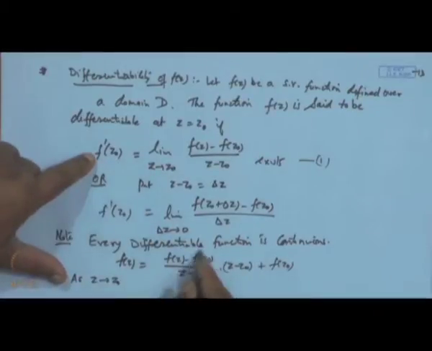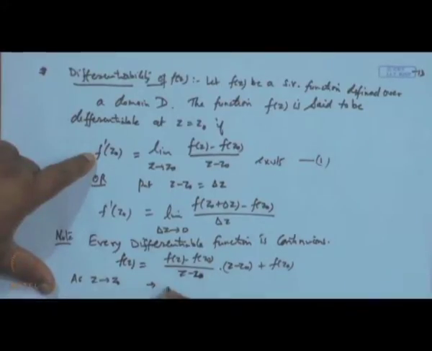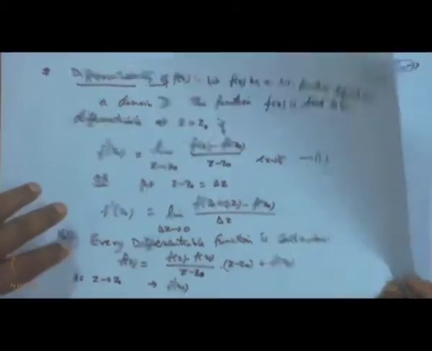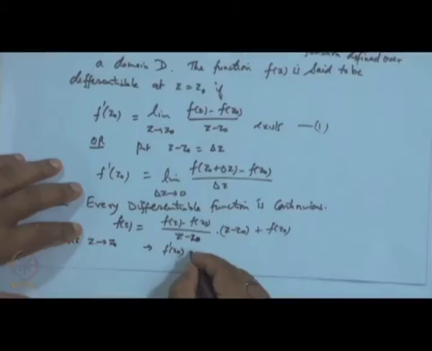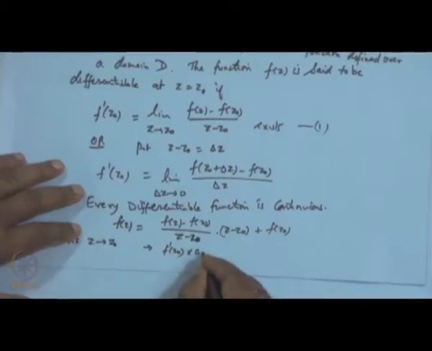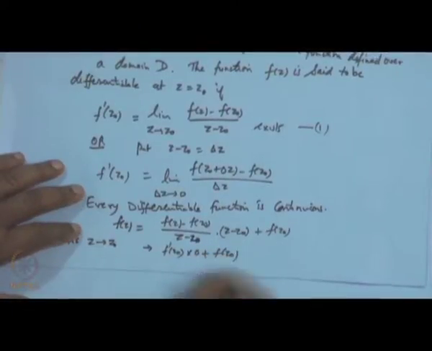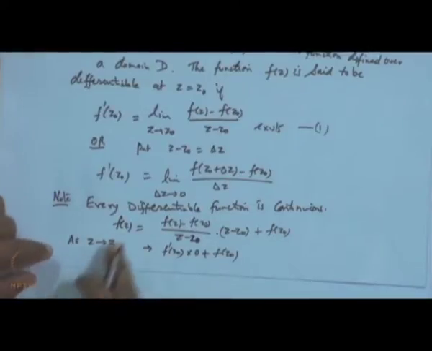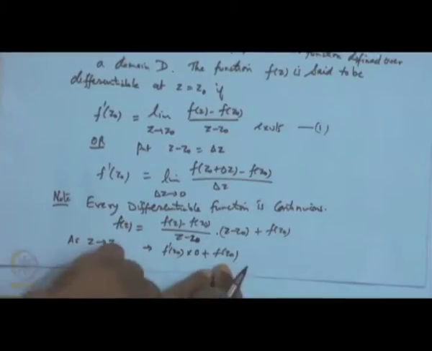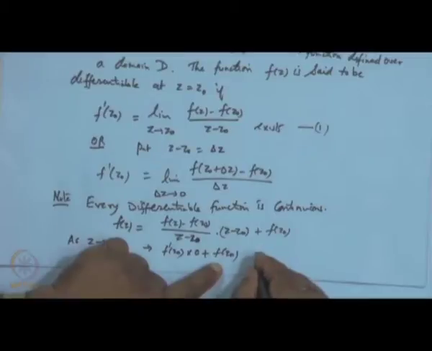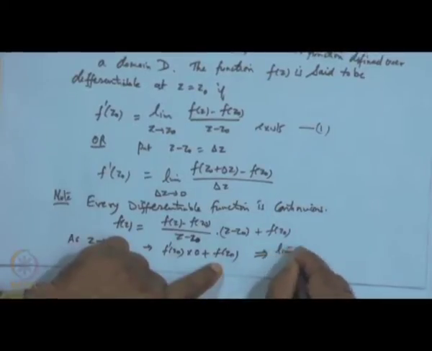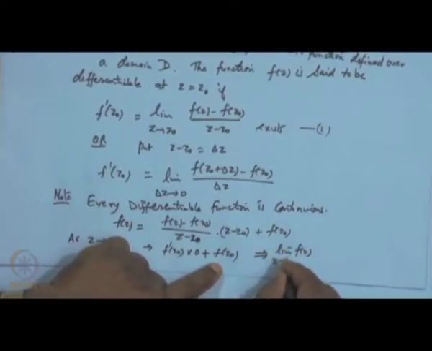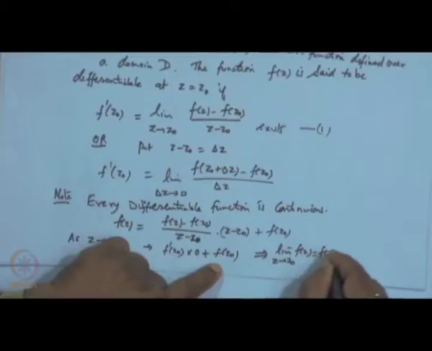So the limit of this ratio, [f(z) minus f(z naught)] over [z minus z naught], will come out to be f prime(z naught), which exists, and this will give 0, then plus f(z naught). So what you get is the limit of f(z) as z tends to z naught is f(z naught).